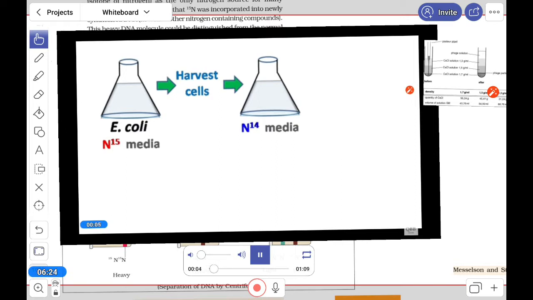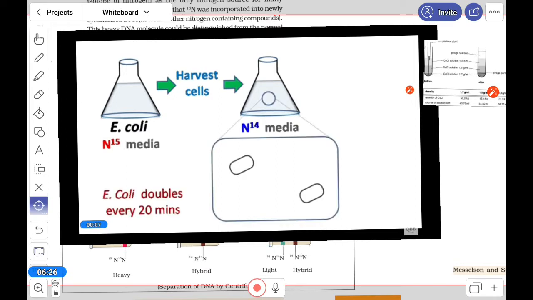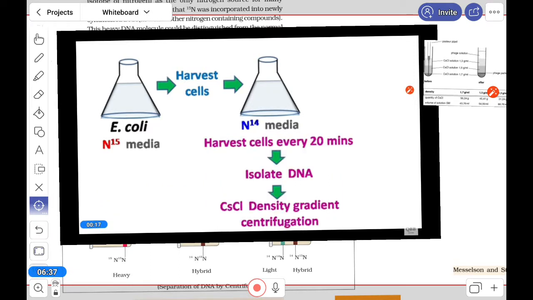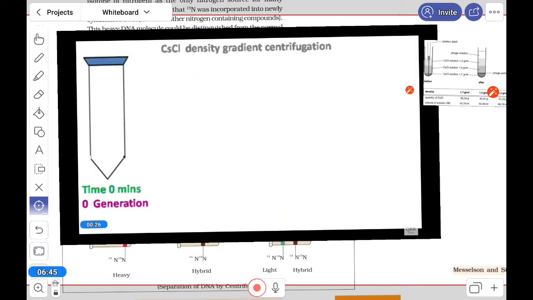Let's see this one. Here it equally doubles every 20 minutes, so every 20 minutes we get a different result.